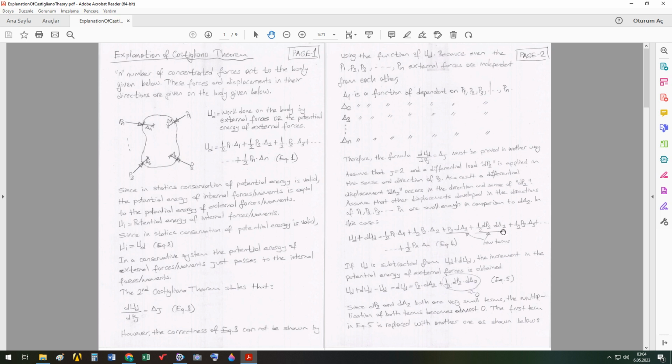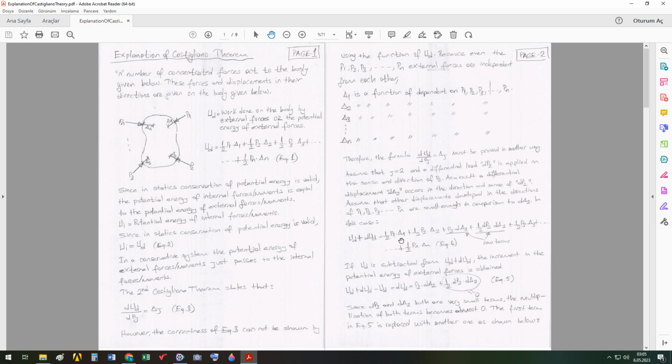Now this is a differential displacement. Anyway, it is applied to the body. No other displacement is applied to the body. So because of this additional load, this is an assumption, of course, load increments occur in the direction of P1, P2, P3 and other loads, but they are very small.